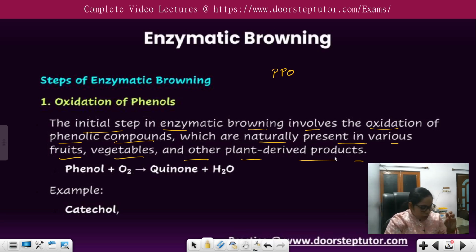In the presence of molecular oxygen, like atmospheric oxygen, PPO oxidizes phenolic compounds into quinones, which are highly reactive intermediates. What I am saying is, in the presence of oxygen, phenolic compounds react and form quinone, plus H2O, where water is released.